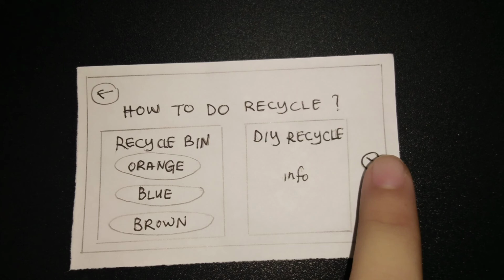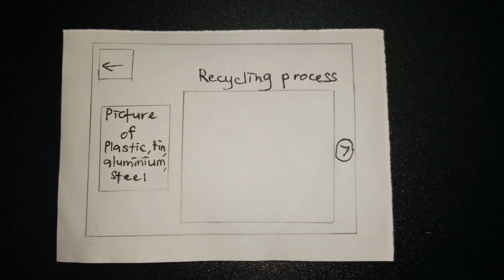For example, if the user chooses the next icon, you will go directly to the next page, where you can see the orange recycle bin, the image of the orange recycle bin and its recycling process.